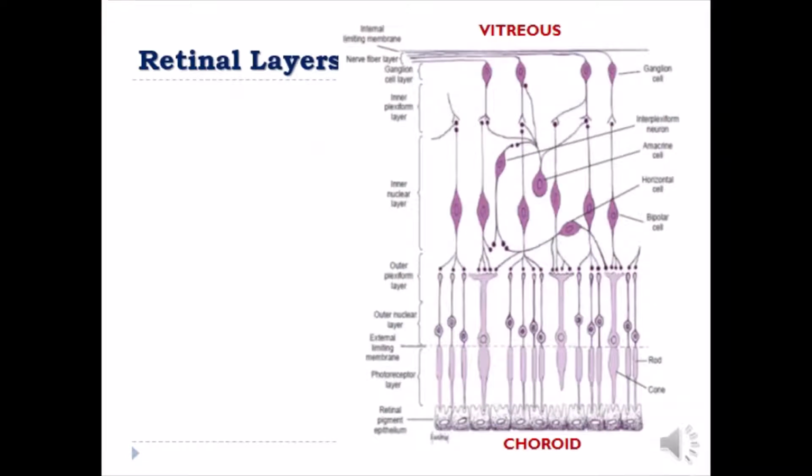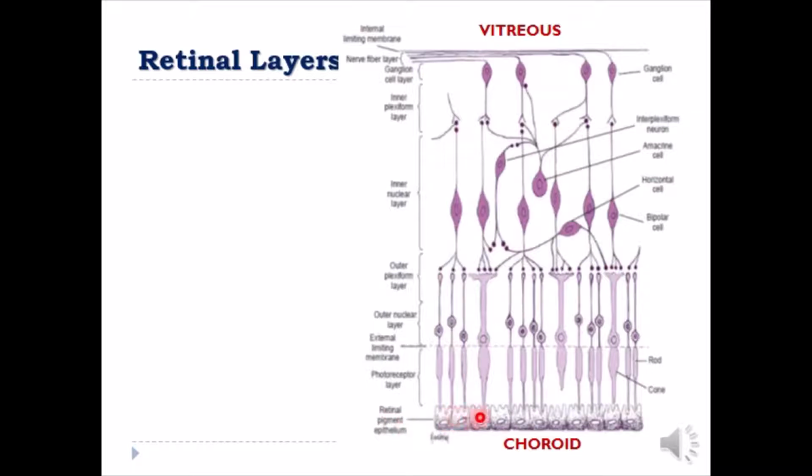Okay, here we go. Here we have a broader picture of the retinal layers. Now you have to slightly readjust yourself. Here is the choroid, this is the posterior, and here is the vitreous, that is the anterior part. So this whole distance is the retina. This will be just a revision of what we discussed in the previous slide. These are the 10 layers starting from the retinal pigment epithelium.